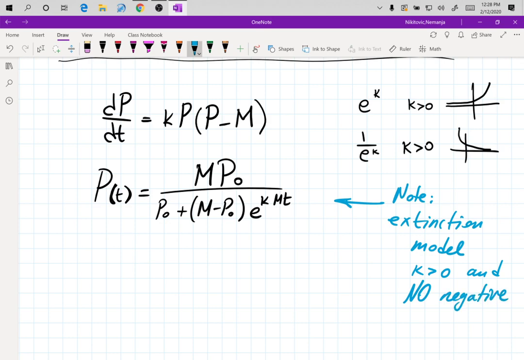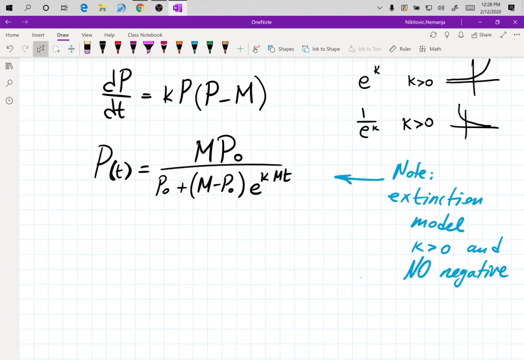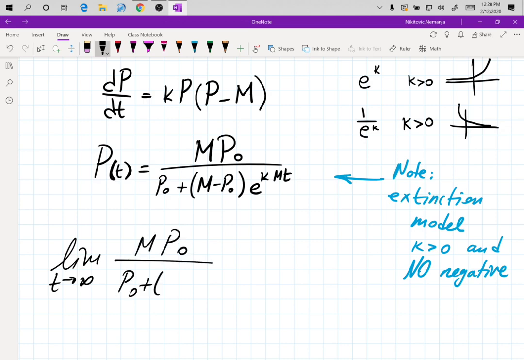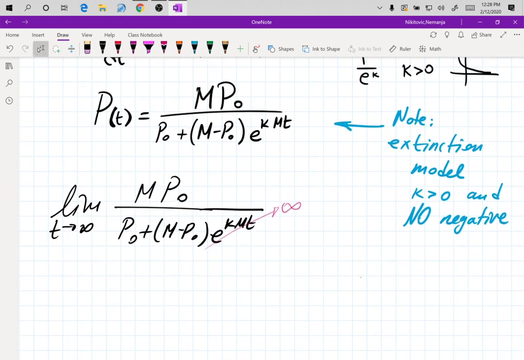So now, when I take the limit as t goes to infinity, we get m p0 over p0 plus, I'm already regretting writing this again, k m t, there we go. This term will go to infinity. As soon as that term goes to infinity, we get the whole thing equal to 0 in the extinction model.